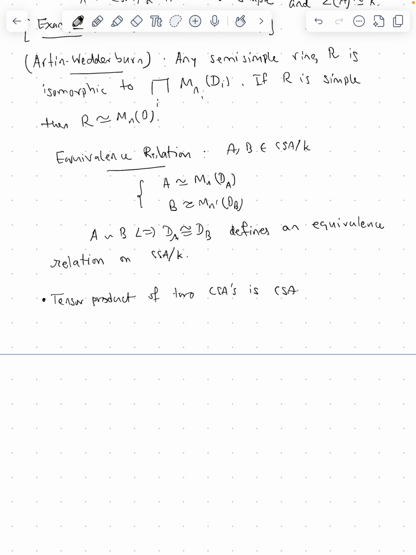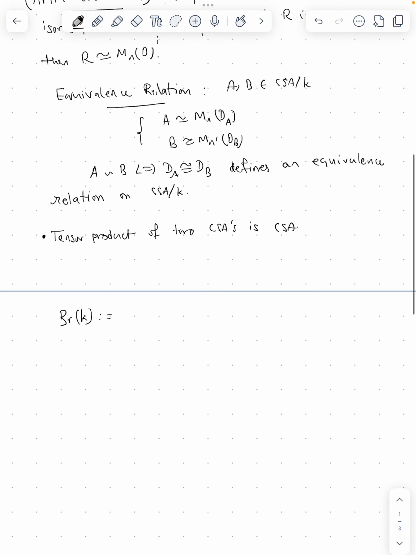So you take it as a binary operation and you define the Brauer group of K as the set of central simple algebras over K modulo the equivalence, with respect to tensor product as the operation.